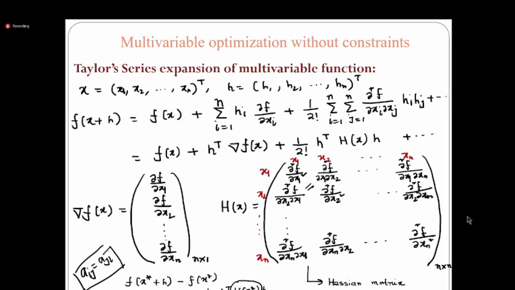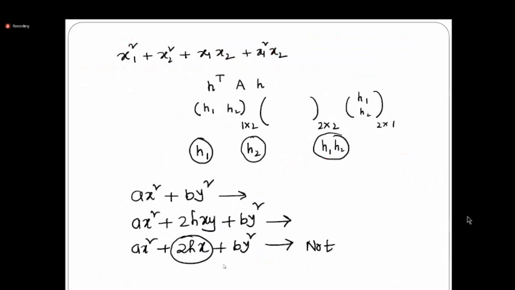We have already seen when this matrix is said to be positive definite, or when this matrix is said to be negative definite. So what can we conclude now?